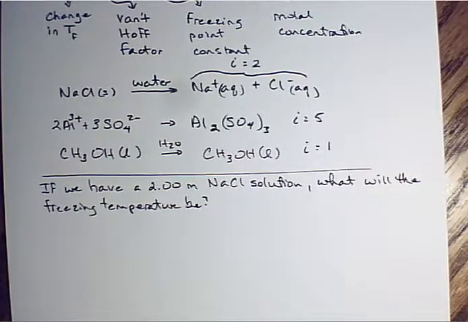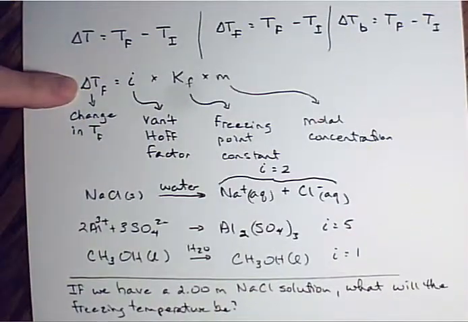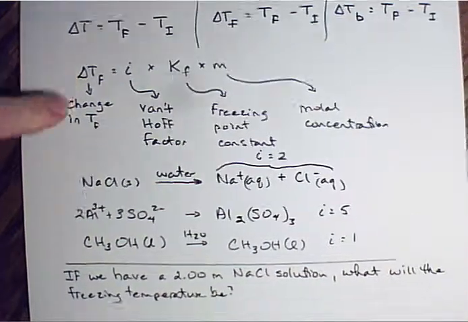So here's the question. If we have a 2 molal NaCl solution, or sodium chloride solution, table salt solution, what will the freezing temperature be? The equation we're going to start with is this one.